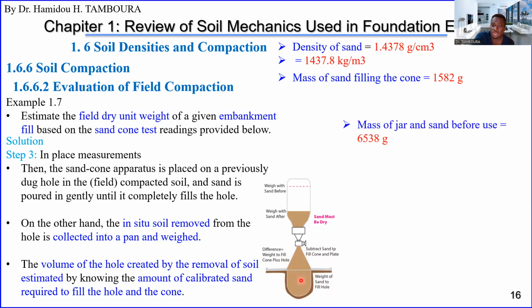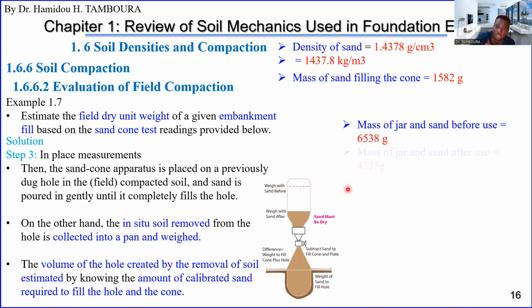Quite complex, difficult for some people. For example, if we have, before the test, the level of sand is here, and the mass is 6,538 grams. Okay, means it was here.